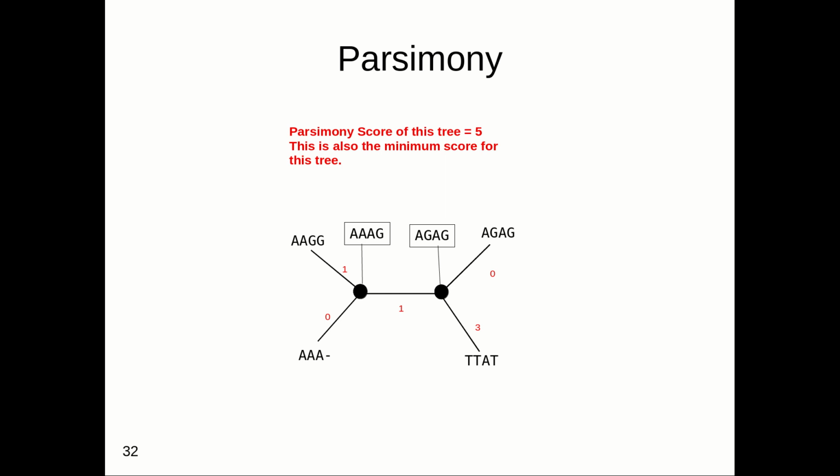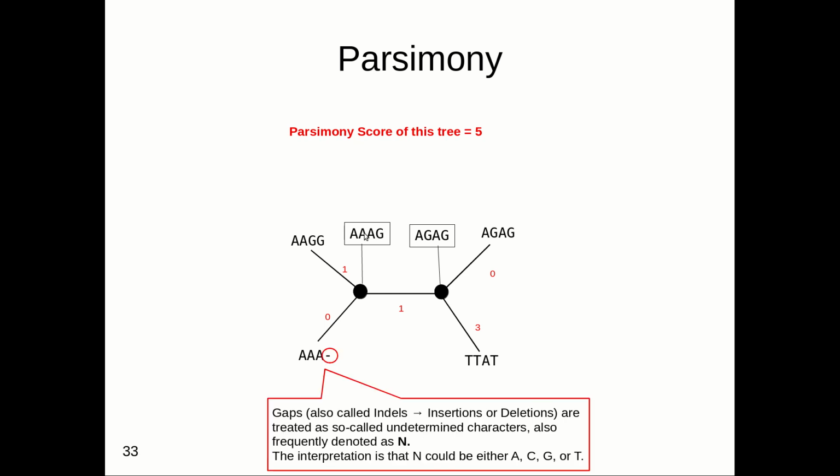Because we could have made some sort of random assignments here and could have, for instance, put, I don't know, maybe a G at this position here, or maybe a T somewhere here. So we could end up with a higher score for this tree if we don't choose the ancestral sequences here at the inner nodes appropriately.